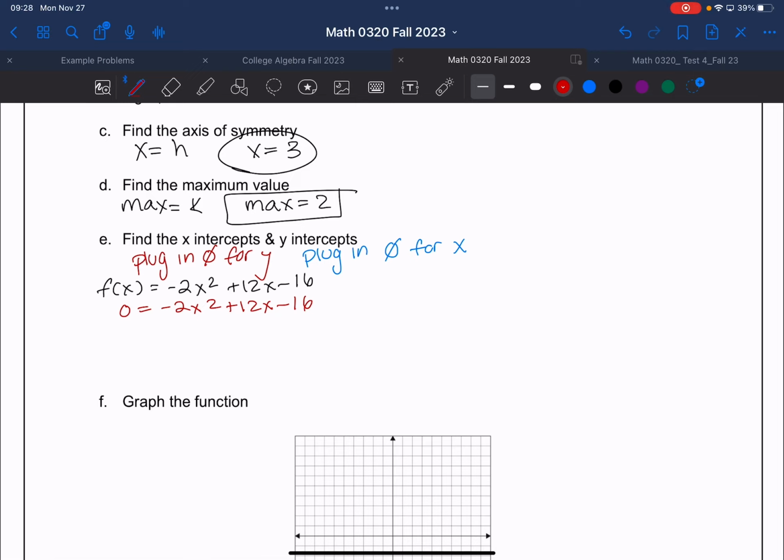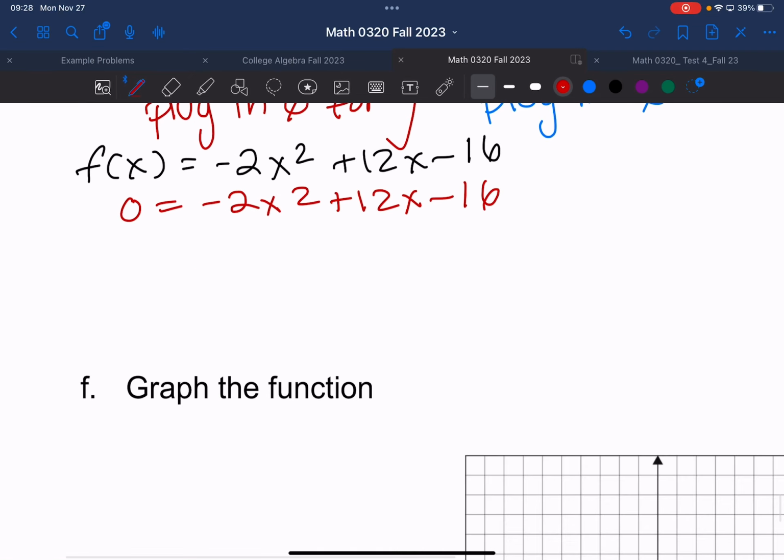Before we factor, can we take out a GCF? Good, a negative 2. So I'm going to take out a negative 2, and I'm left with x squared minus 6x plus 8.